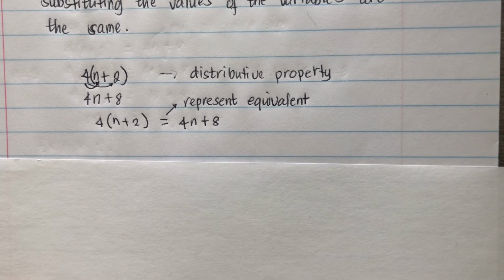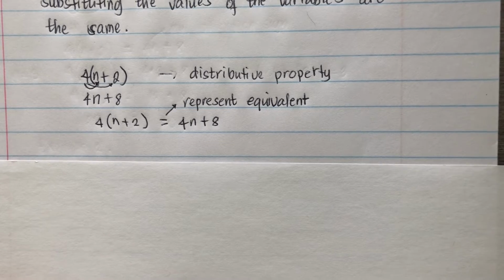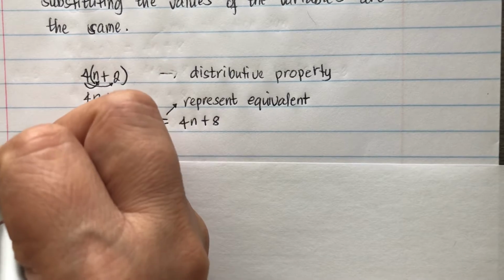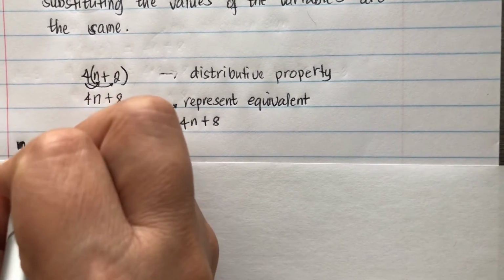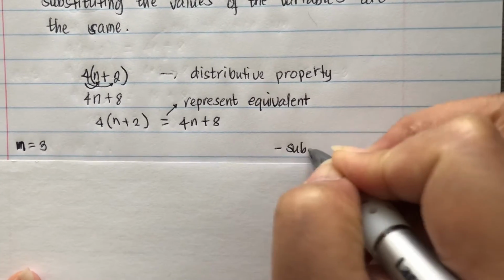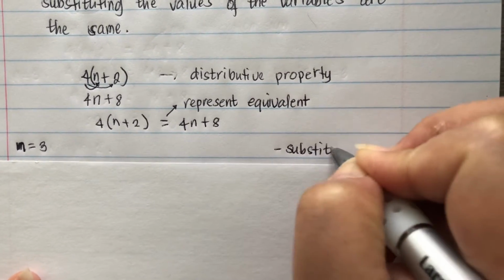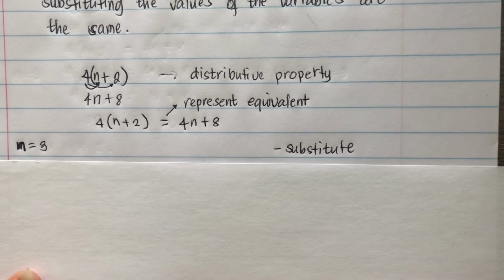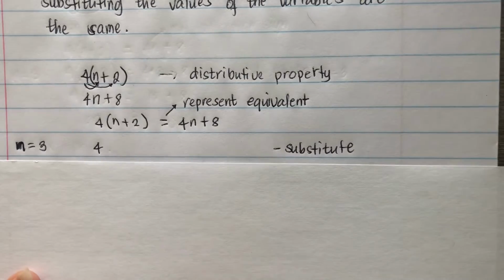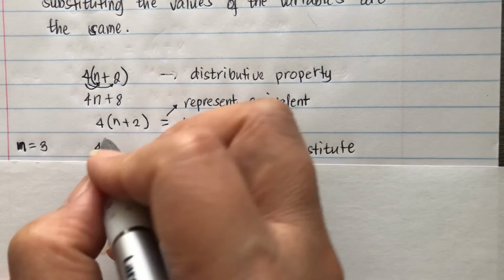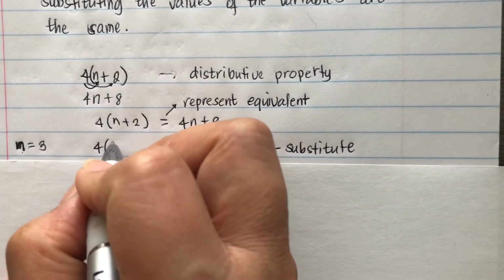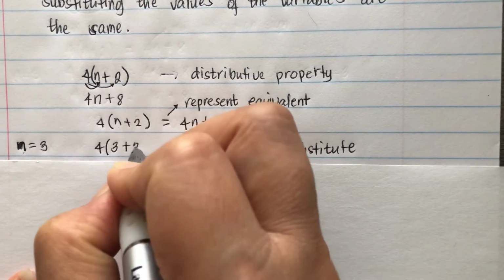So let us give an example. For example, when n is equal to 3, we are going to substitute and see if we have the same value. We're going to start from 4 times quantity n plus 2. So n is equal to 3. If we substitute that, this becomes 3 plus 2.